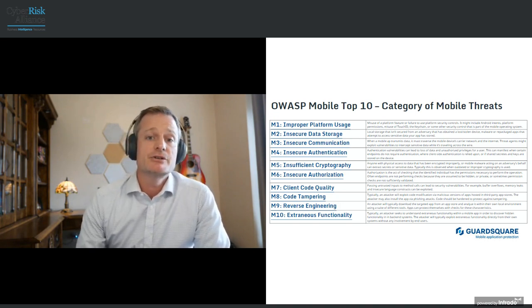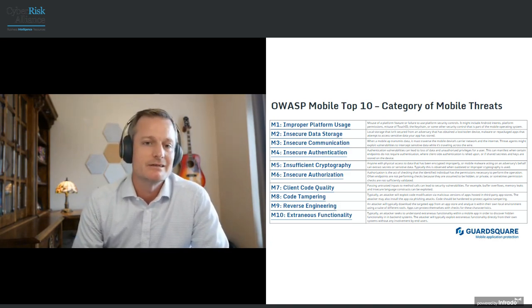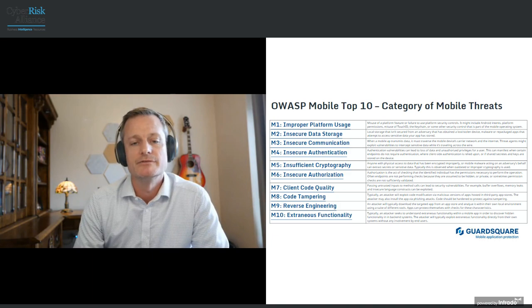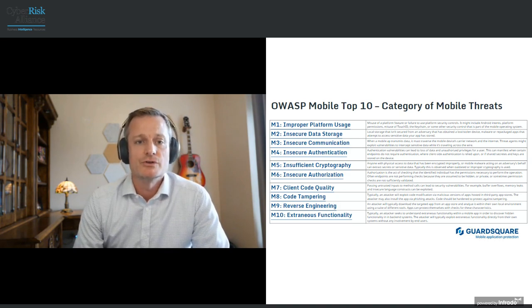Insecure data storage. So you're storing data on a device. That device can be lost. The device can be accessed sometimes by other apps that are installed on the device. So secure data storage is a key issue when there's sensitive data that needs to be stored locally on the device.